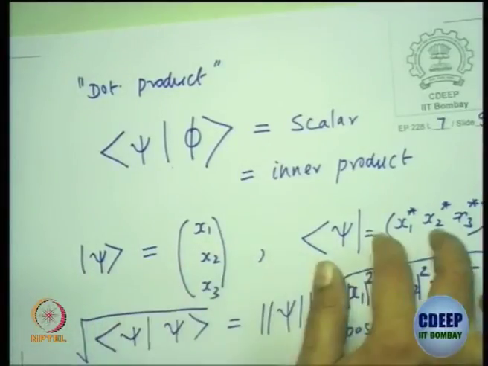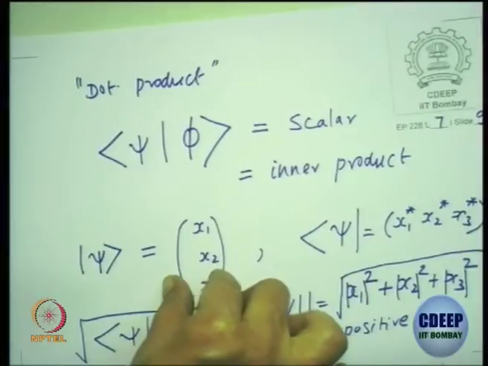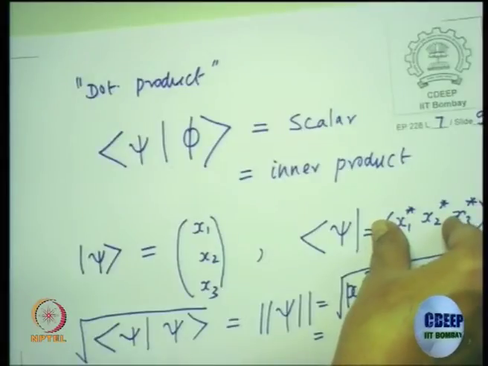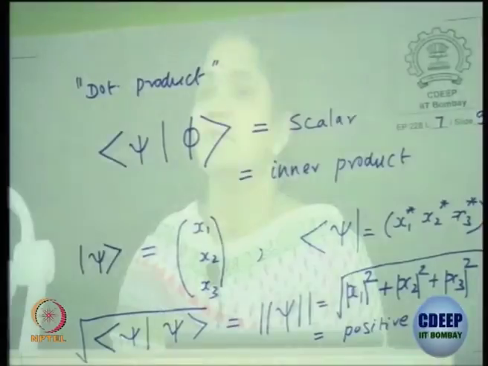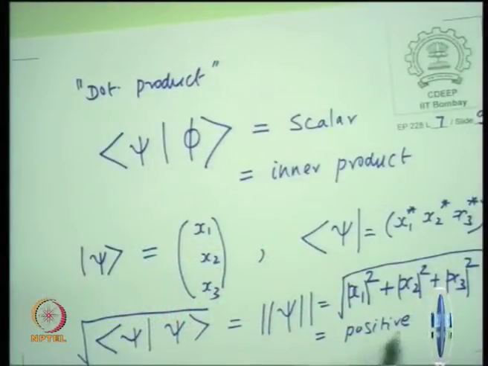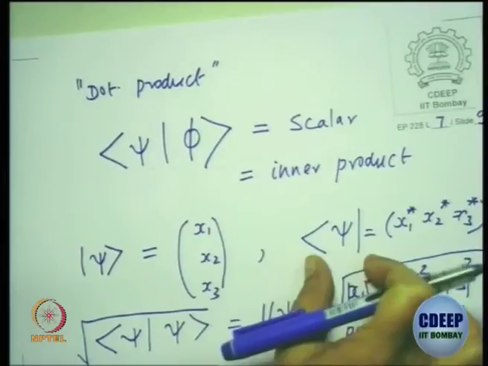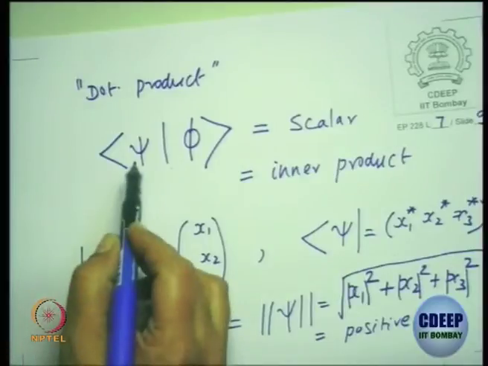The corresponding dual vector should be written interchanging the column to a row and also complex conjugating the coefficients, so that the inner product, which you have all defined so far, for the specific vector and its dual vector, will be positive definite if we define the ket as a column and the bra as a row with complex conjugation.